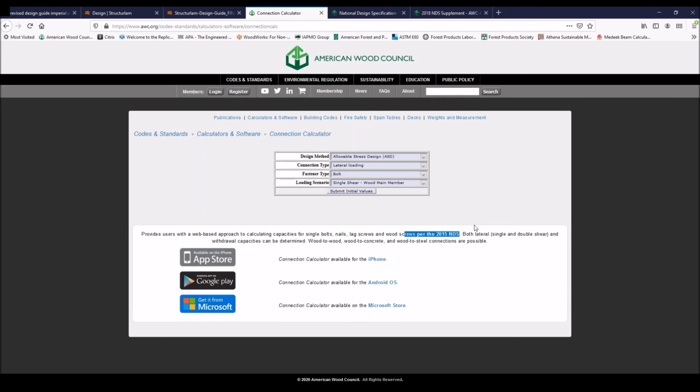So those are not included in the calculator, but the withdrawal provisions and those lateral yield mode equations, I'm sure I made my love for those quite clear throughout the presentation. If you don't want to run those by hand, this does give you an alternate solution for calculating those.